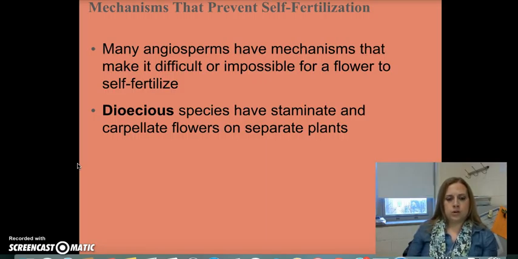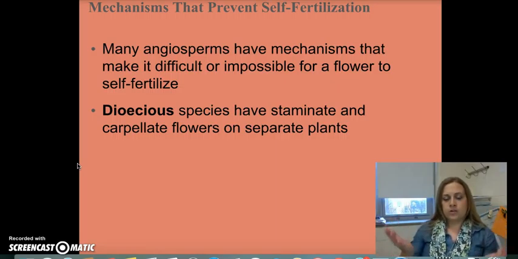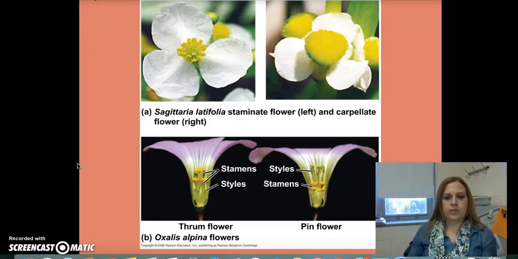One way this works is with dioecious species, and this is when you have staminate and carpellate flowers on separate plants. So dioecious means two houses, and the two houses would be male and female. So that means that you have your male flowers and your female flowers on separate plants, and so the male and female flowers are not close enough to each other to self-pollinate that one plant.